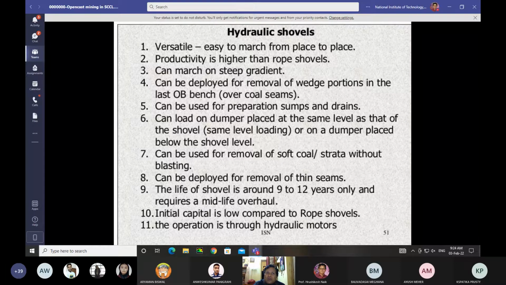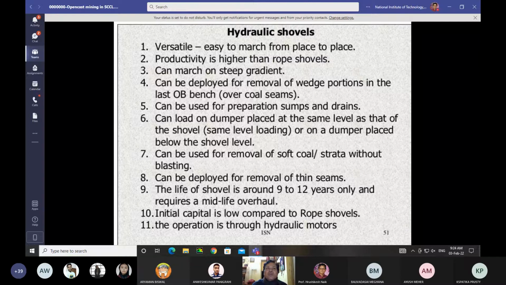The hydraulic shovels are also very powerful for removal of soft coal without going for blasting. And these machines can be deployed for removal of thin coal seams.